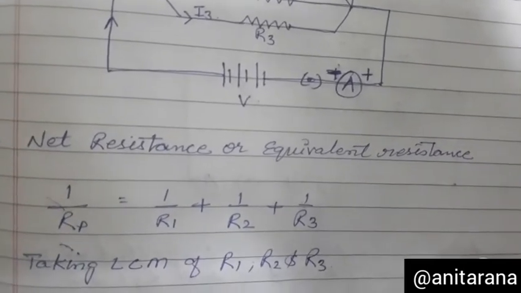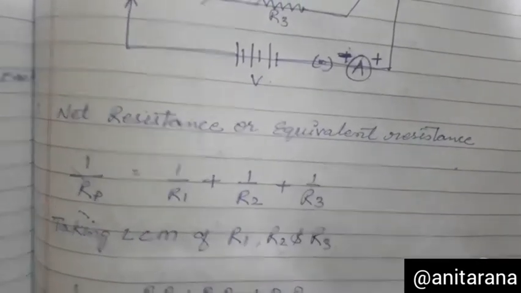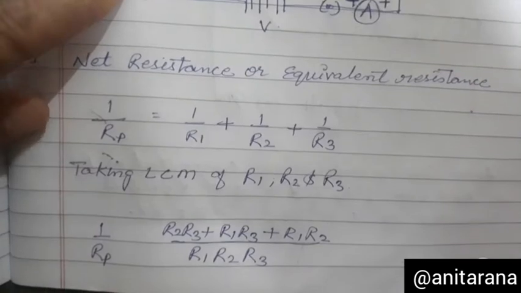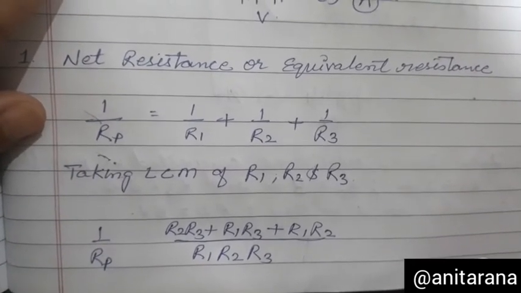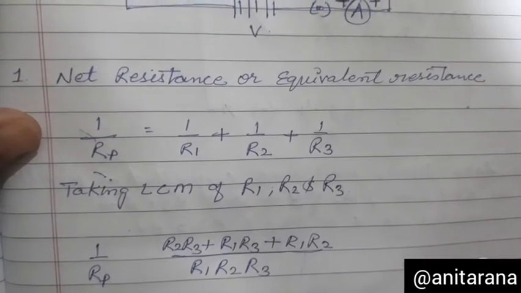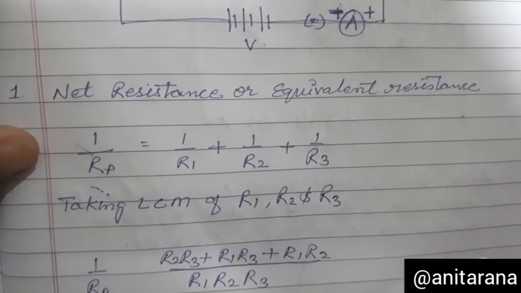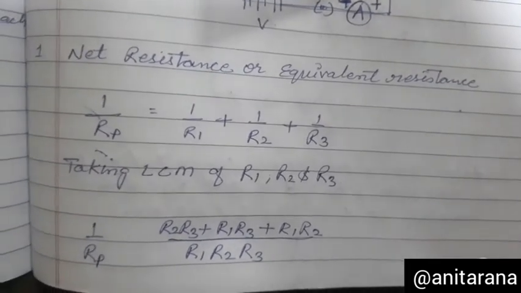Now we have to take the LCM of R1, R2 and R3, and after taking the LCM we get (R2R3 plus R1R3 plus R1R2) upon R1R2R3. So this is equal to 1 upon Rp.